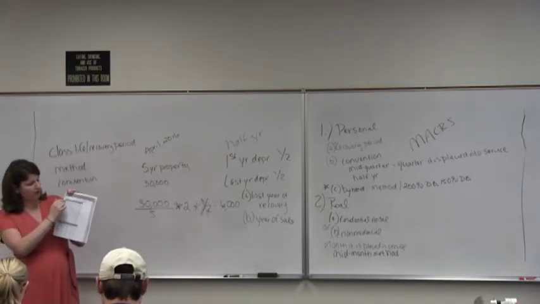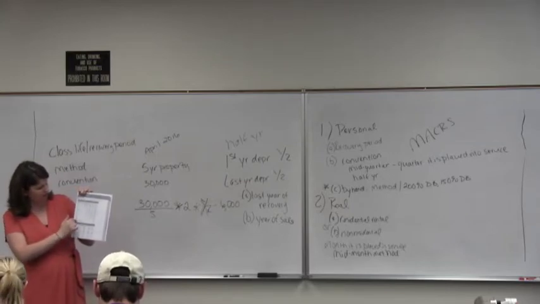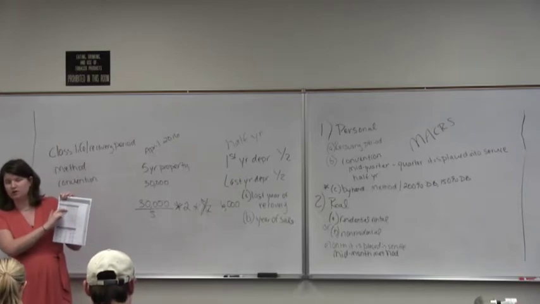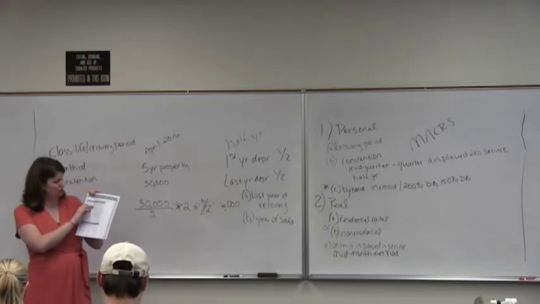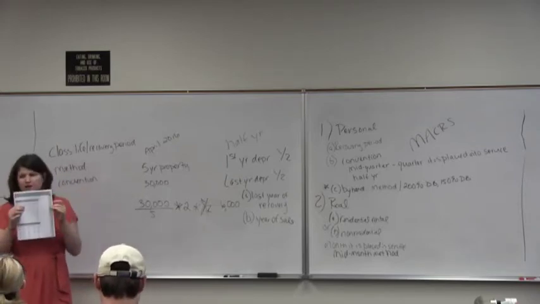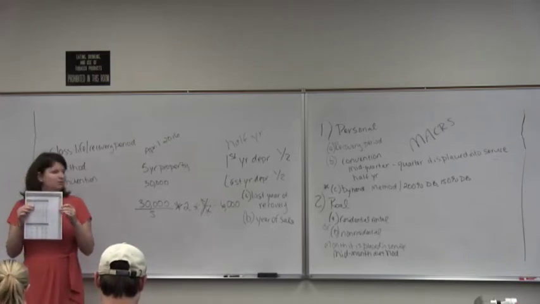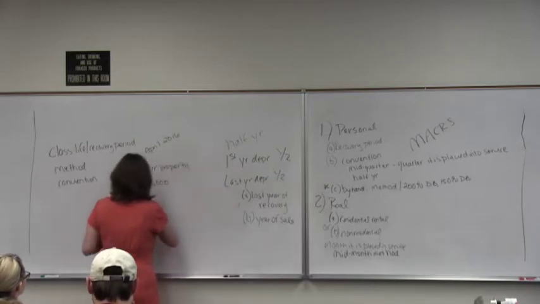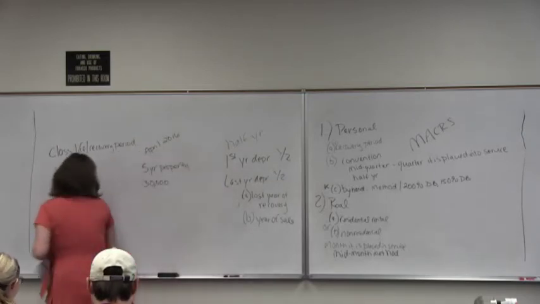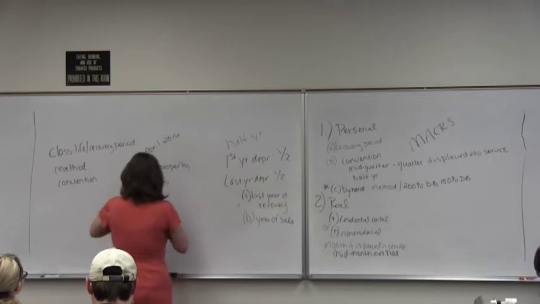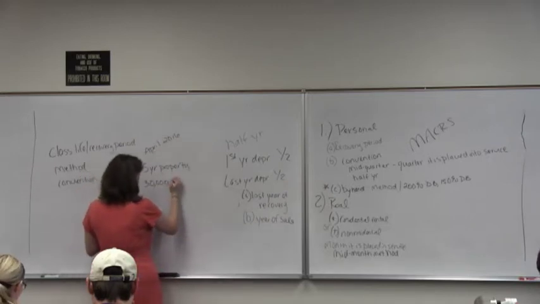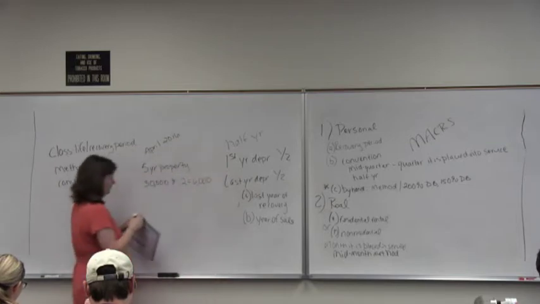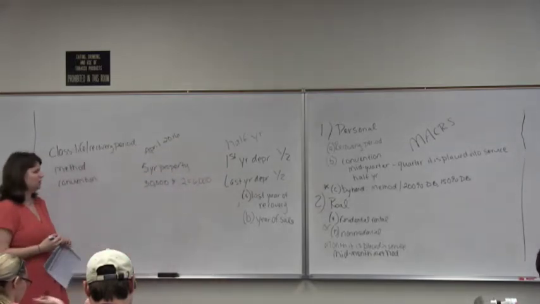Look at the column here on the left that says recovery year. We are in the first year of recovery, or the first year of depreciation, which is 20. Okay? So we will multiply $30,000 times 0.2, which is $6,000 of depreciation in year 1.